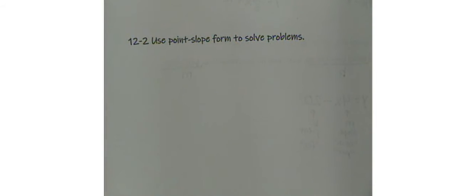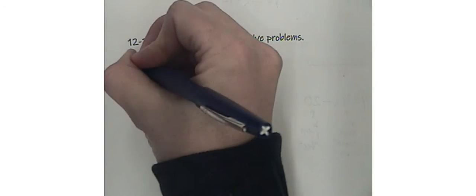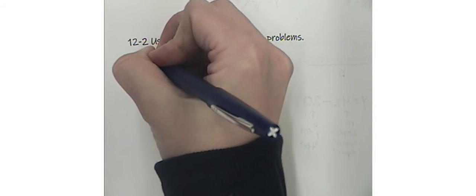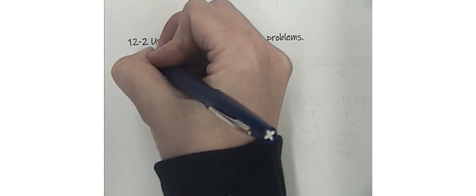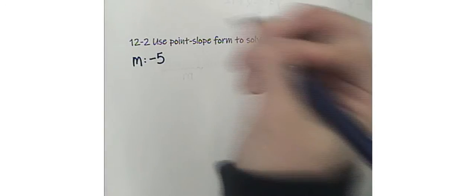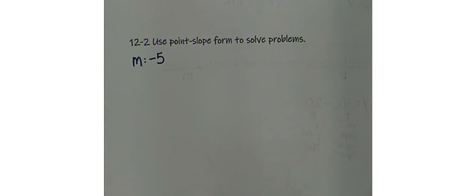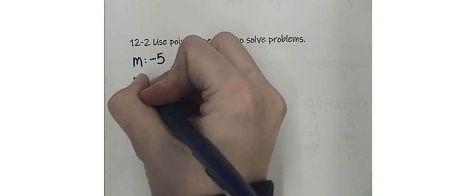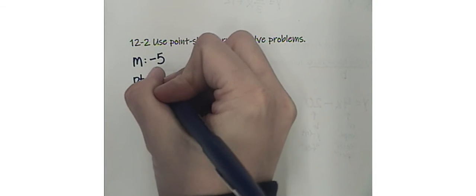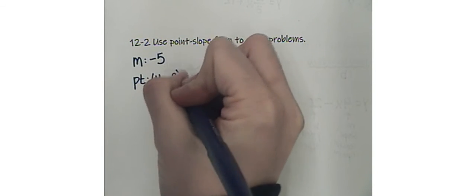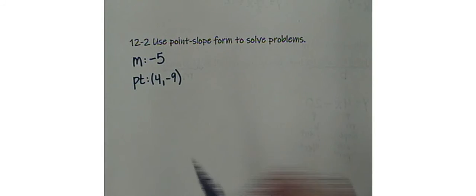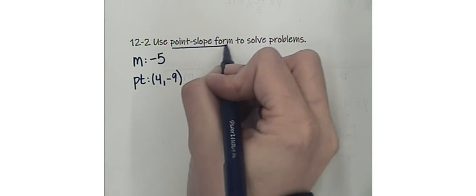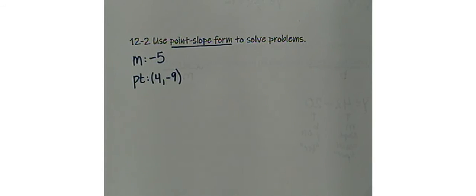Use point-slope form to solve problems. I am going to give you the slope. Let's say my slope happens to be -5. And I'm going to give you the point 4, -9. I want you to write it in point-slope form.